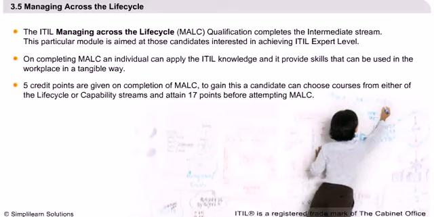We have already discussed the credit system in the certification path slide. However, just to mention, the MALC certification gives you 5 credit points. Now let us proceed to look at the Accreditation Institute for ITIL in the next slide.